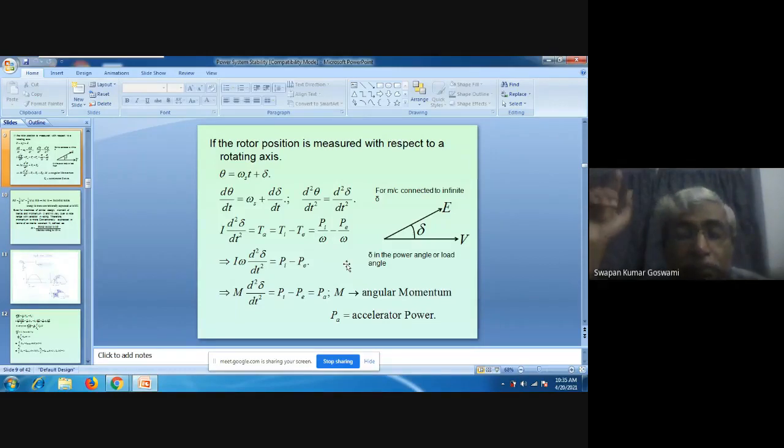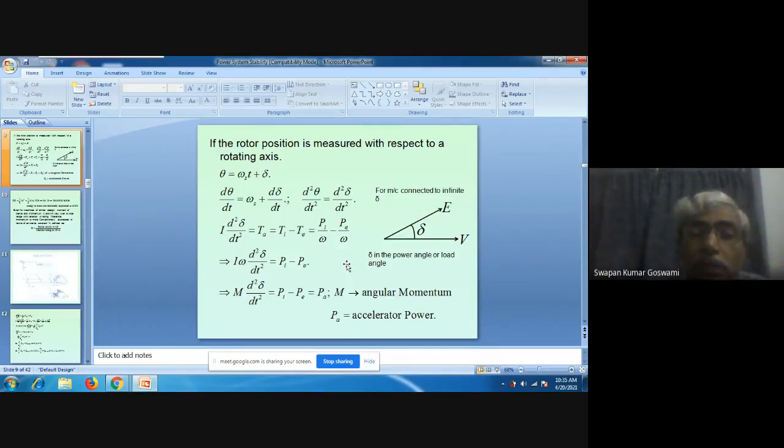But if Pa is large, it will not be a frequency control problem. Rather, it will be the problem of maintaining the stability of the machine. That means whether the machine will be able to retain synchronous speed or not will be decided by the value of Pa, and that will be decided by some other factors that we shall discuss.